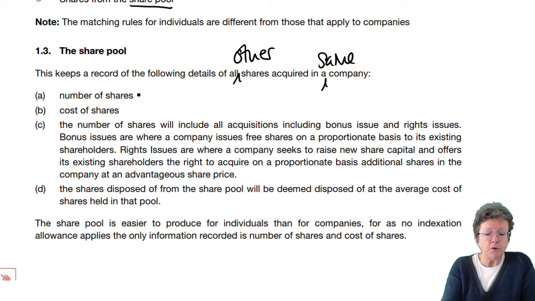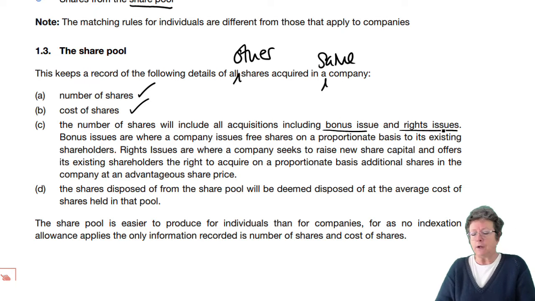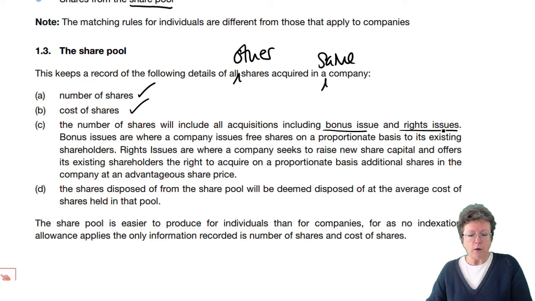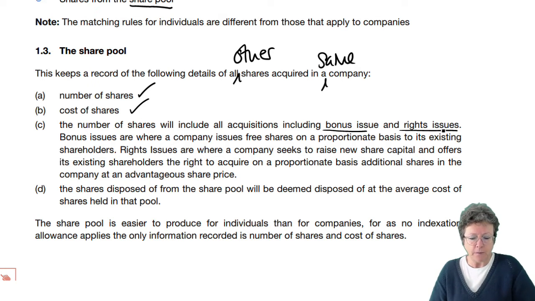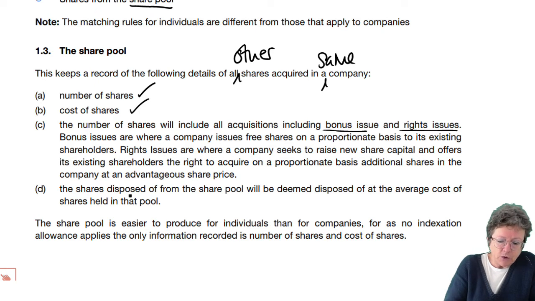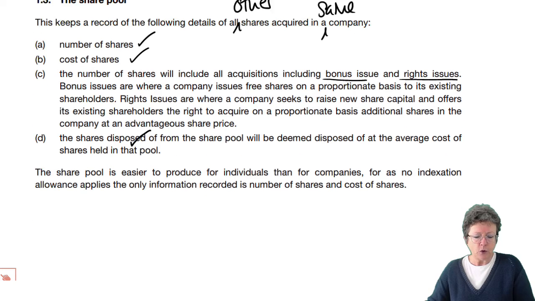A column for the number of shares, how many we have, the cost of the shares. Now, that number will include bonus and rights issue shares, which we will have a look at in a moment. Now, bonus shares are the free ones, and the rights ones you paid for. As I say, we'll have a look at those in a minute. And then any disposals. So what you bought, what you've got, how much you paid for them, and what you sold them for.